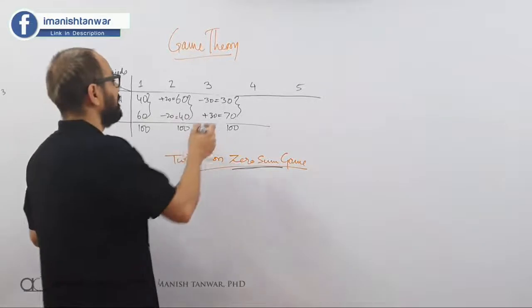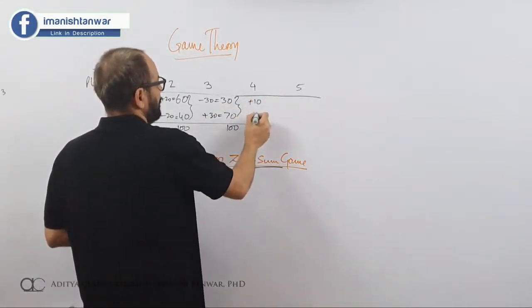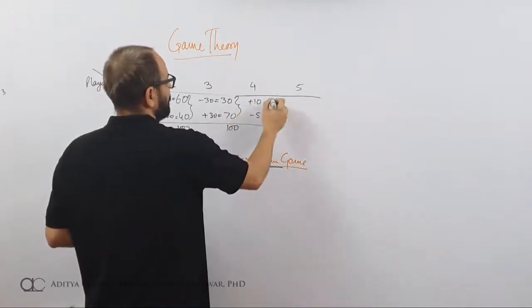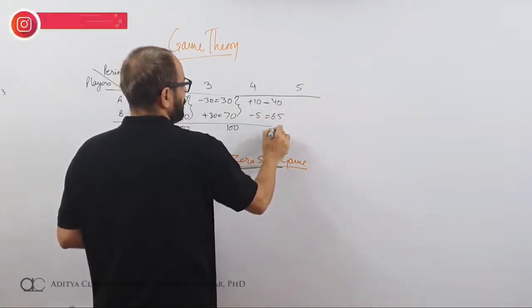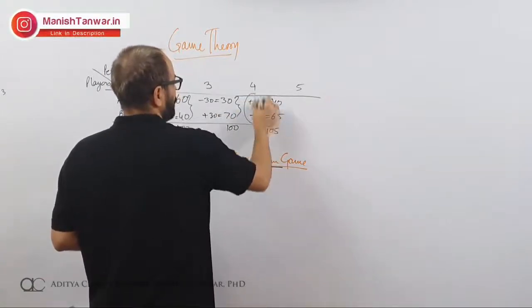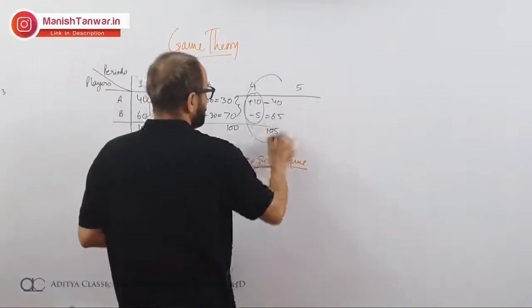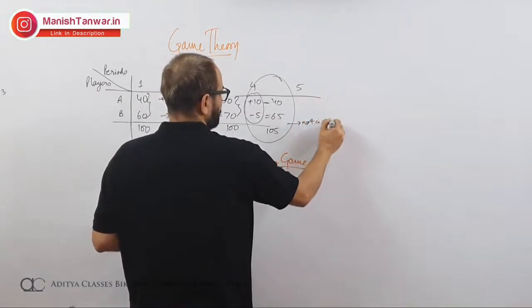Yes, there could have been a situation where we would have had a plus 10 and minus 5. What does this mean? 30 plus 10 is 40, 70 minus 5 is 65. The market has gone up to 105, and if I talk of losses, these are not 0, telling me that this is not a zero sum game.